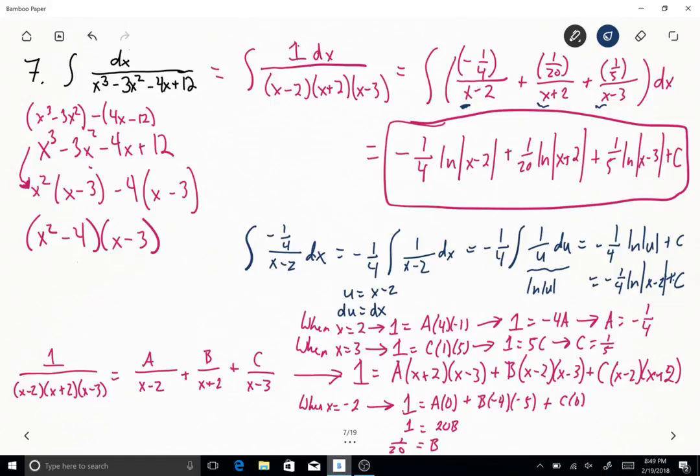Now, if I had a 2x plus 3, it does become a different scenario, and we'd have to account for that. But since all of them are just x to the first power, and the leading coefficient in front of that is just a 1, every single case is going to be just a natural log, straight across. Now, if it's x squared or something like that, it becomes a totally different scenario.